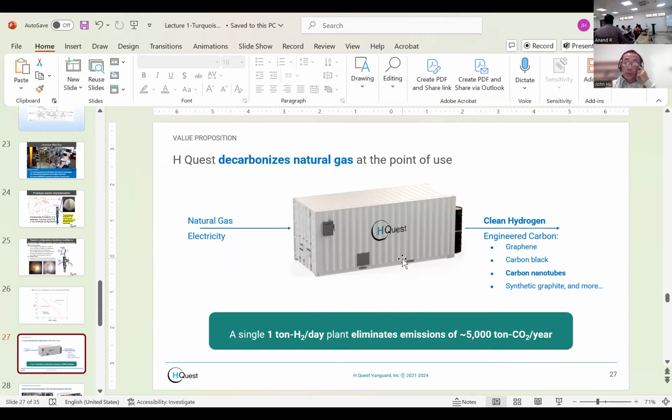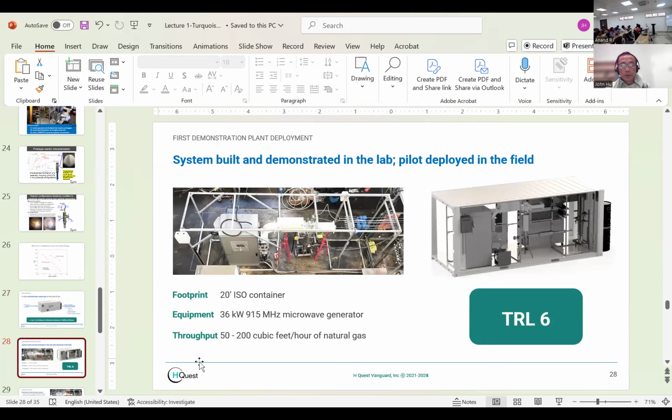We put it in the container, so we can put it on a truck and drive to the site. This is where we are, and then I want to show you the cartoon of how we build a container. So this is the container we have, and we build inside, and the throughput or the flow rate today is 50 to 200 cubic feet per hour.